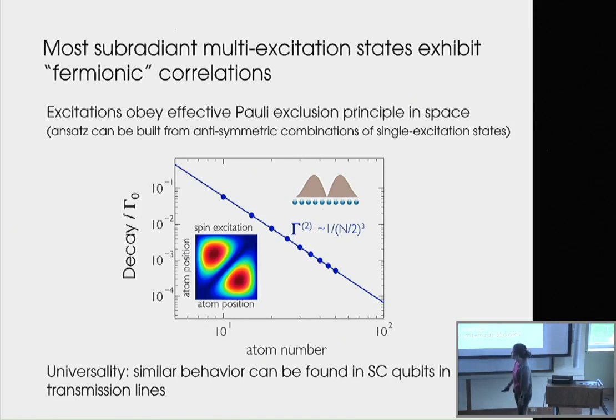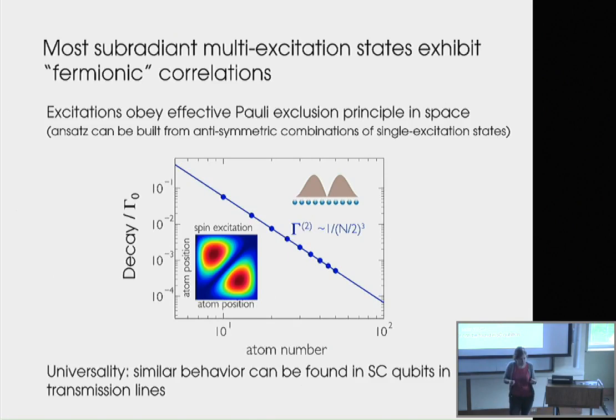What happens is pretty cool. These more subradiant excitations, or higher excitations, exhibit fermionic correlations. So this is cool. And the idea is the following. Imagine that now you look at the 2-excitation manifold and you diagonalize the Hamiltonian in this manifold.